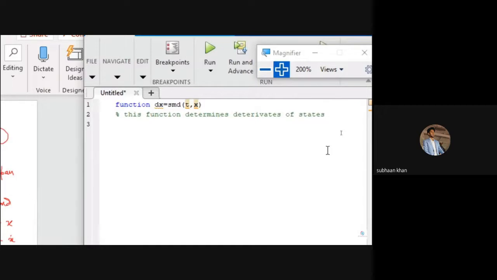Then it also solves the spring mass damper equation with forcing condition. So x1 dot means dx1, that is x of 2. That is one thing.